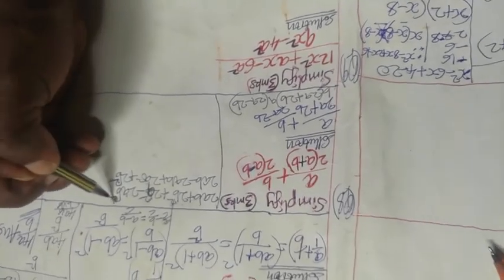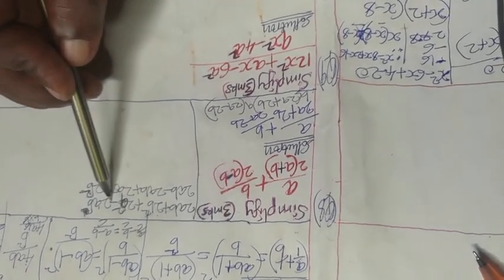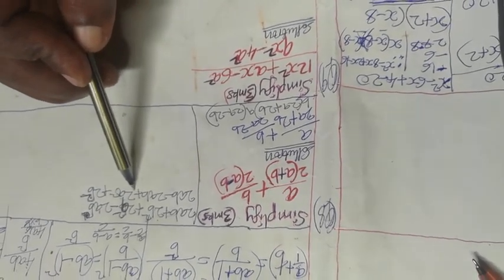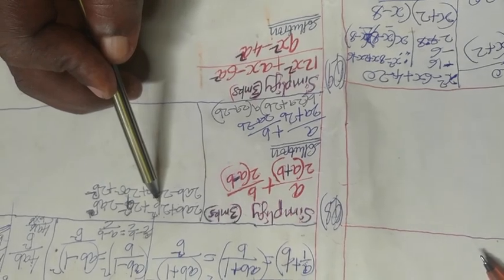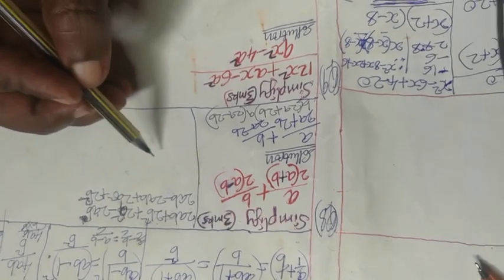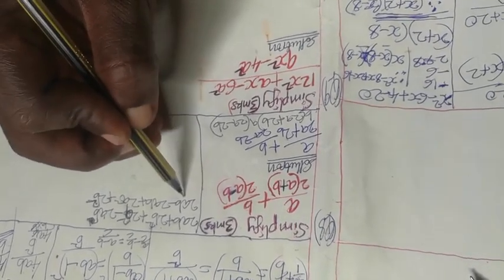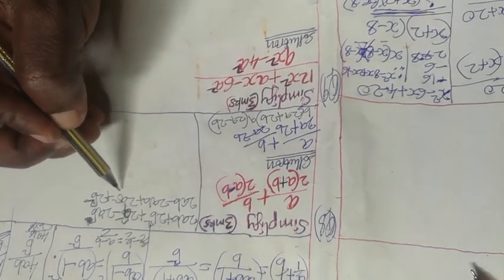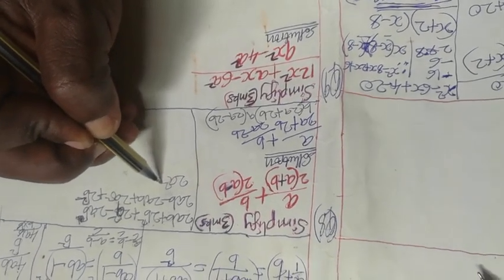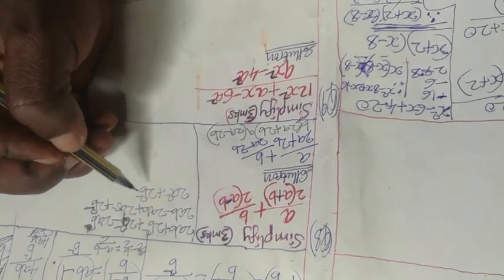So 2ab and 2ab go. We are going to remain with 2a squared plus 2b squared. This is our numerator.